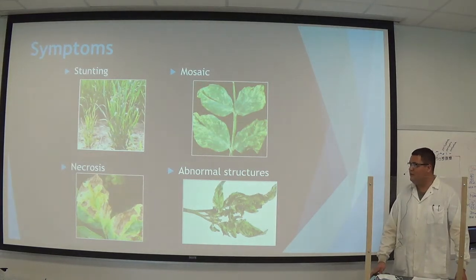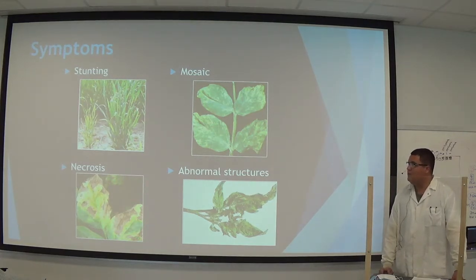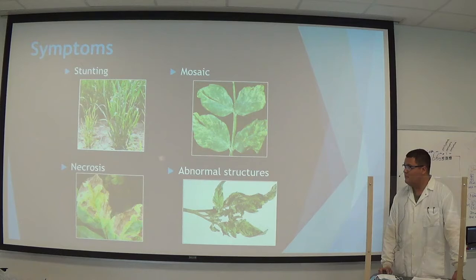But the typical symptoms that viruses cause are stunting, in which you get smaller versions of the plant, they don't grow as well. You can get mosaic as well because the virus messes with the photosynthesis of the plants. You can also have necrosis. The plant actually tries to kill the cells that are infected with the virus.